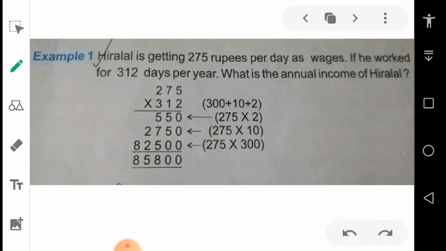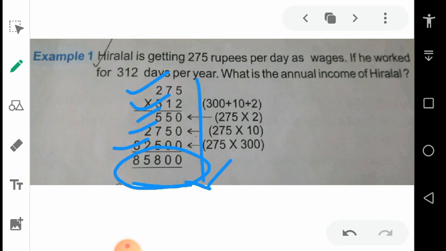So according to multiply, first and second we will multiply both the numbers, by following the process of multiplication as you have seen in the previous slide, we will perform each and every step in a proper way, and by adding all these 3 lines we will get the answer 85,800.